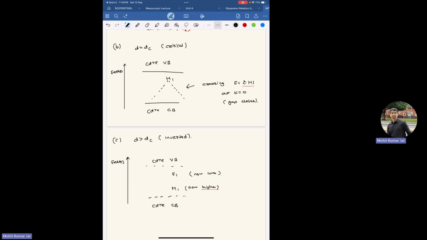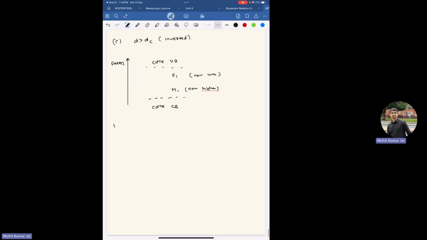Now for mercury telluride quantum wells basically, the experimental and theoretical established critical thickness DC is around 6.3 nanometer.